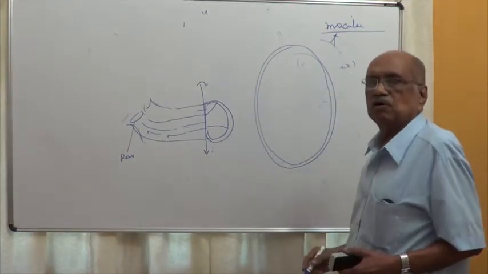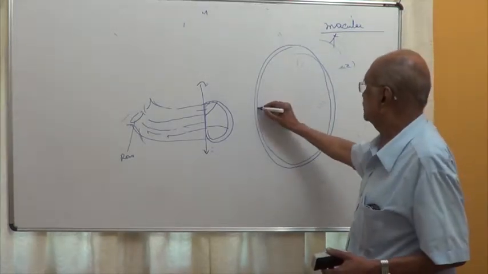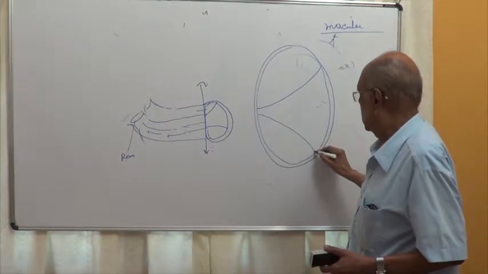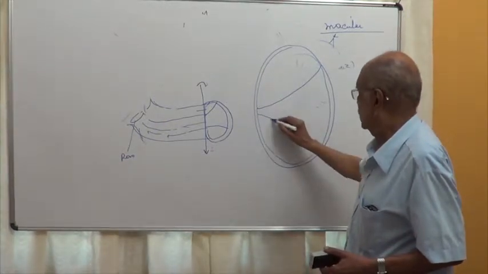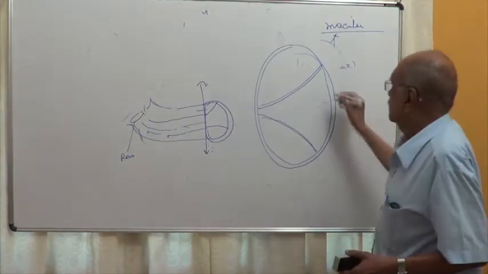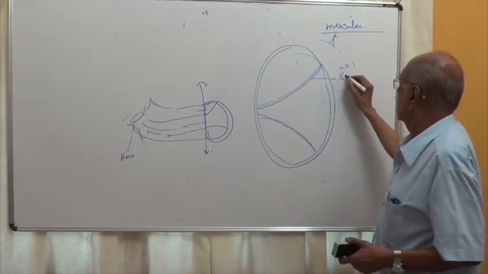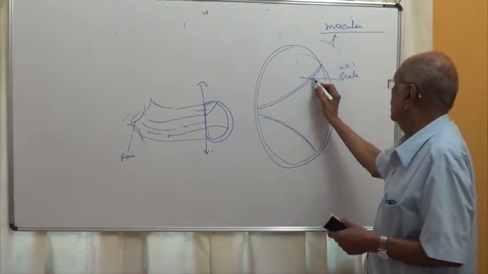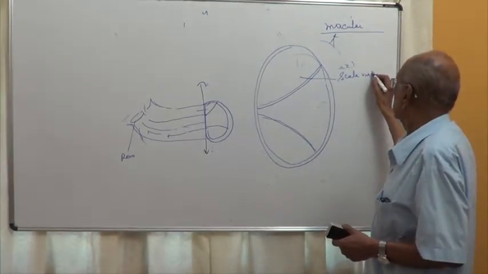That is the bony labyrinth. 1, 2. This is scala vestibuli.